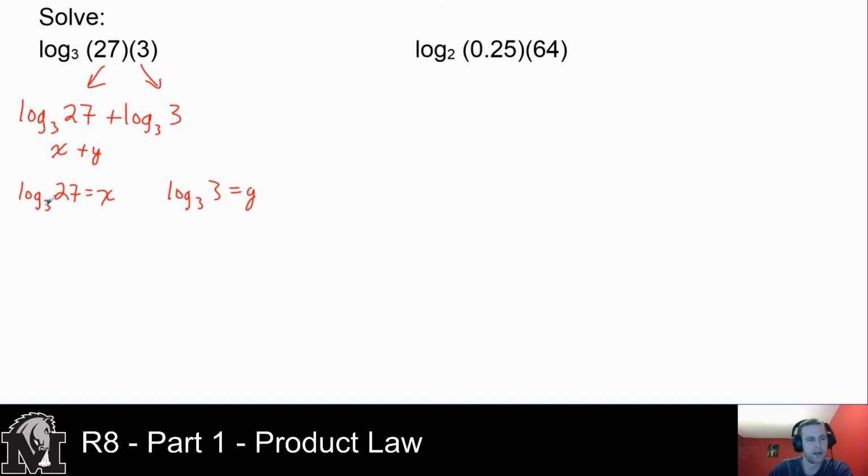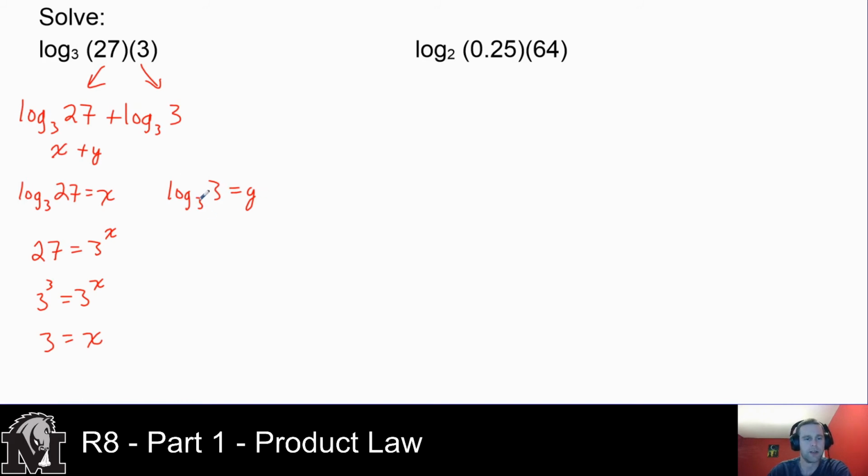To solve for x, I'm going to put this in exponential form. 27 equals 3 to the power x. And if I have an exponential number here, I want to write this with the same base. So 27 is 3 to the power 3. So 3 to the power 3 is 3 to the power x. If the bases are the same, then the exponents are going to be the same. So 3 is equal to x.